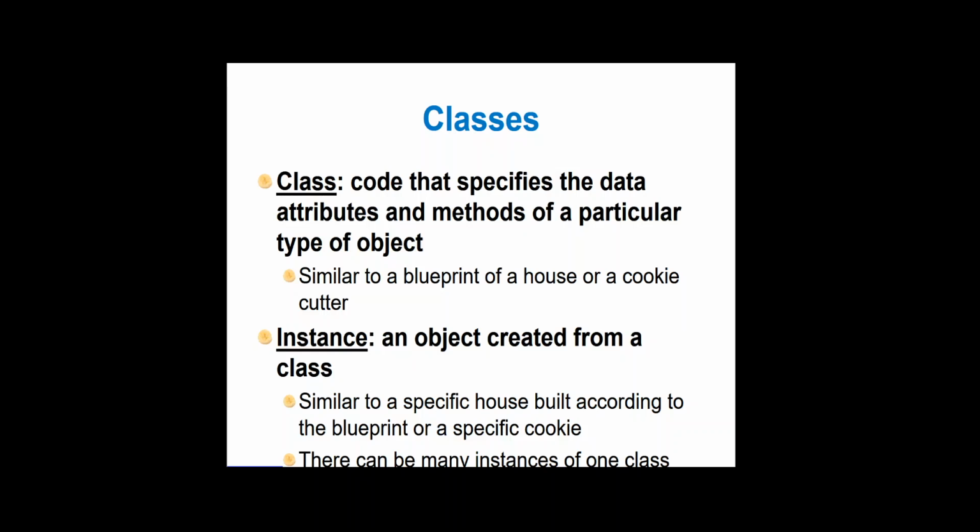So a cookie cutter is an example of a class, and the outcome that it produces is an instance or an object. Also, the blueprint of a house: we can use this blueprint to build different houses, yet the blueprint itself is not a house. So the class is the skeleton or the template from which we can create an object.